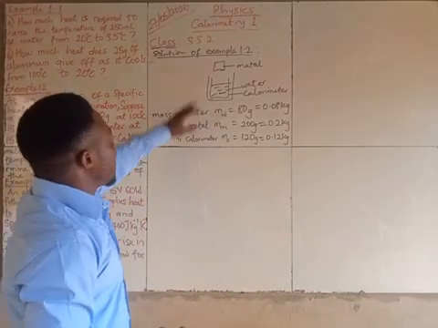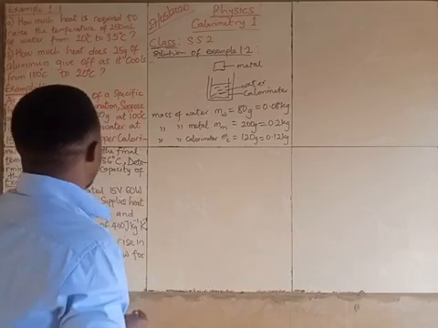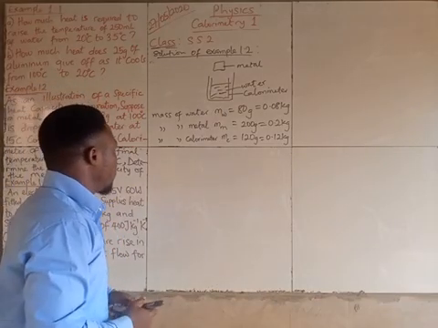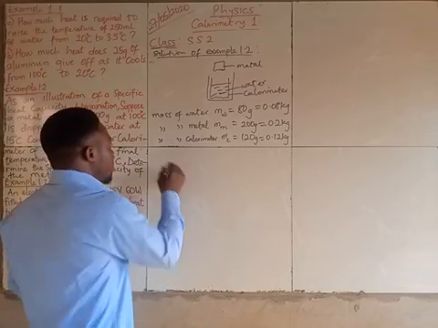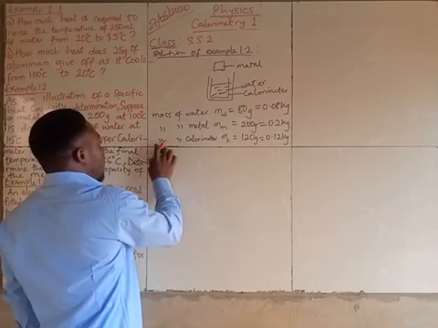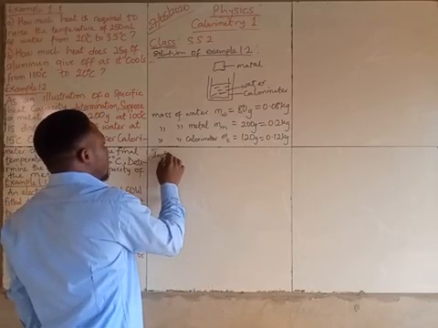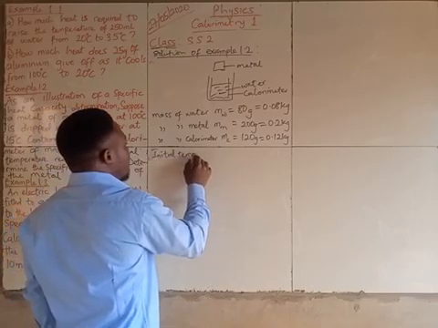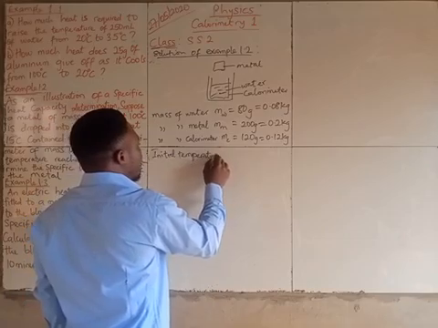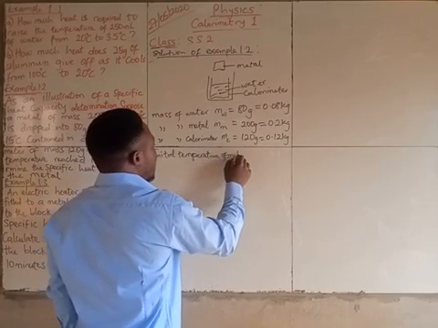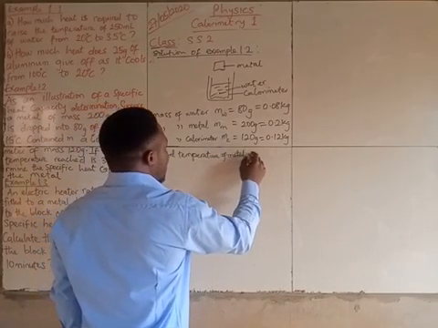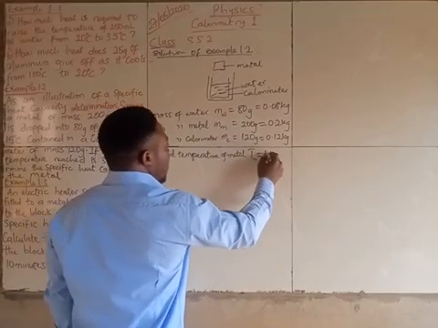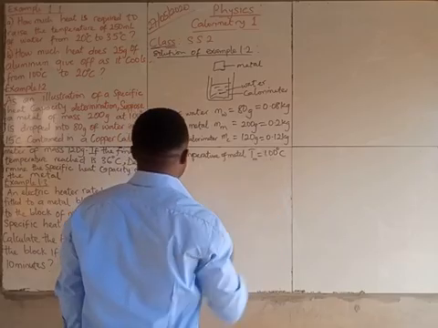Now, this metal was initially heated to 100 degrees Celsius. That's the initial temperature of the metal, T metal, which is given to be 100 degrees Celsius.